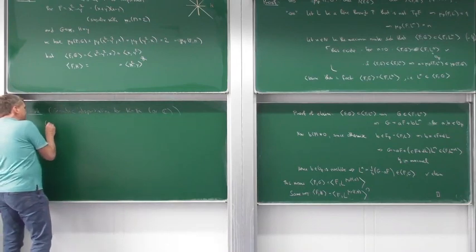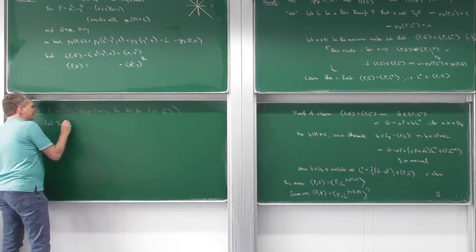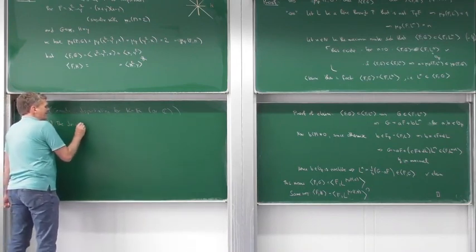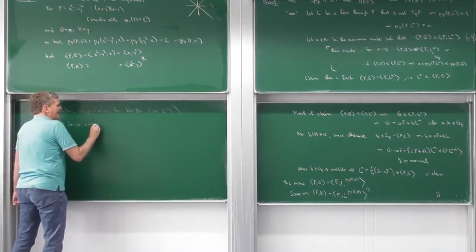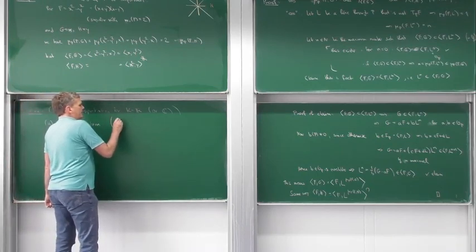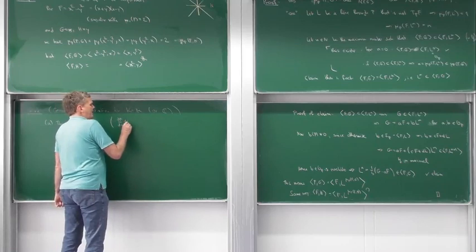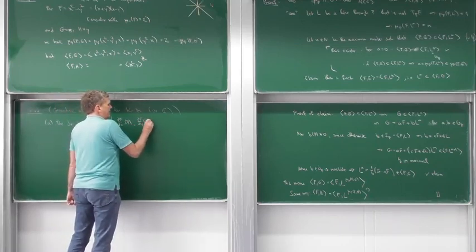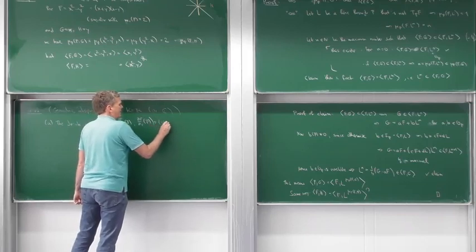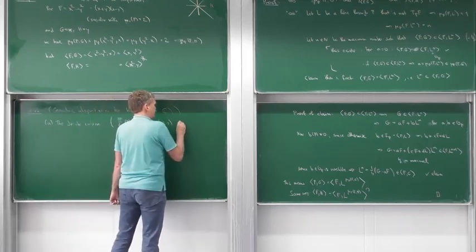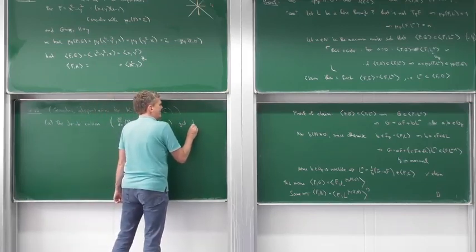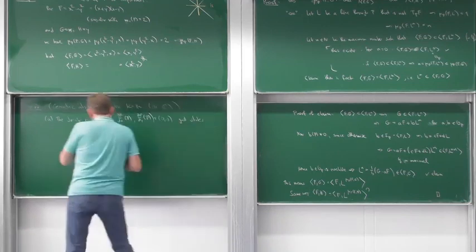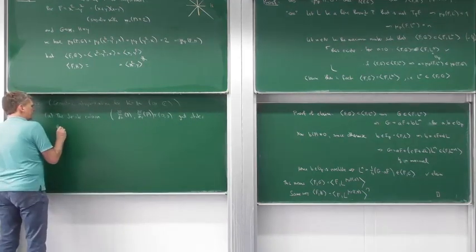So the Jacobi criterion, namely that the partial f by dx at the point and the partial f by dy at the point is not equal to (0, 0), just states that the implicit function theorem is applicable.